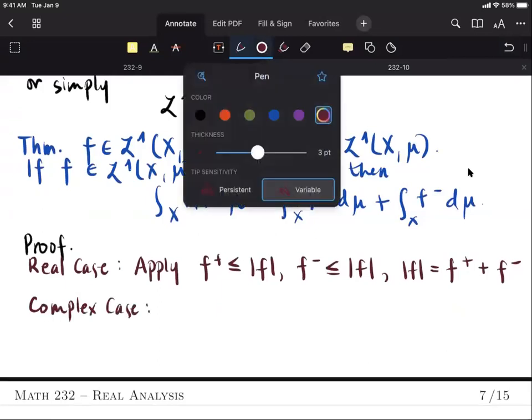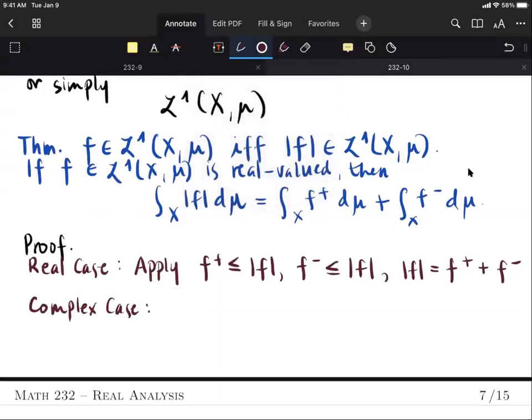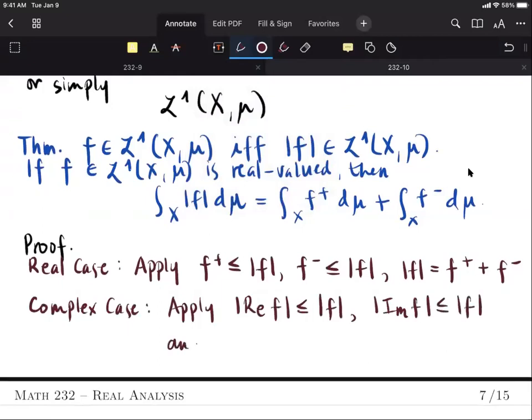And in the complex case, you can apply the following set of inequalities, wherein the absolute value of the real part is less than the modulus. The absolute value of the imaginary part is also bounded by the modulus. And the modulus of f is bounded by the sum of the absolute values of the real and imaginary parts.